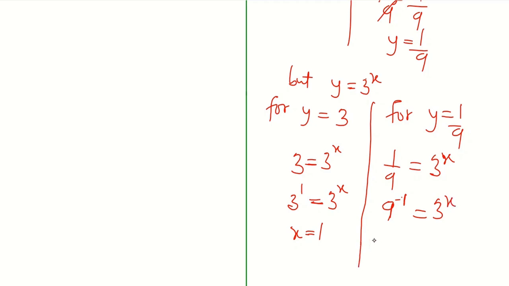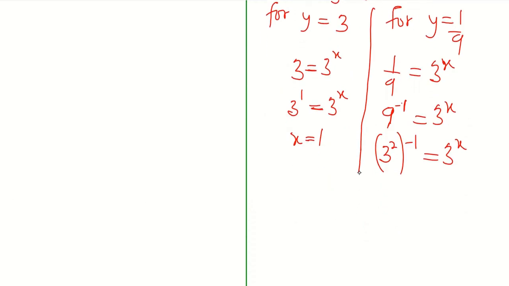And so 9 exponent minus 1 is the same as 3 exponent 2 all exponent minus 1, because 3 exponent 2 is going to give us 9, which is equal to 3 exponent x. So having known this, then we can write this as 3 exponent minus 2, and that is when we are trying to multiply the exponents. So 3 exponent minus 2 is equal to 3 exponent x.